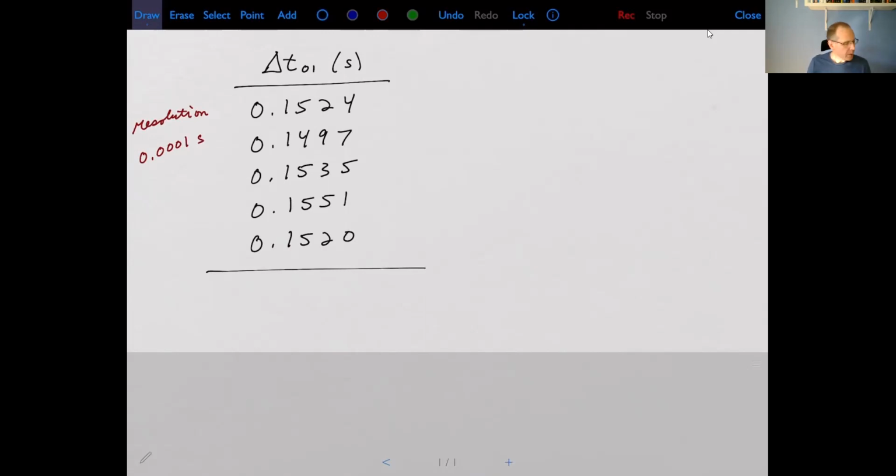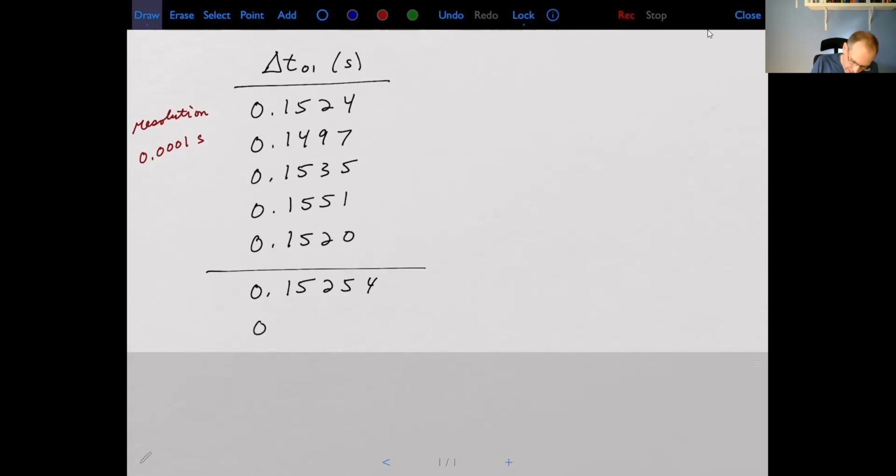Okay, so how do we compute percent experimental accuracy? Well, remember the first step is to average these 5 values, right? And if you average them, you're going to get 0.15254. But then, and this is very important, you have to round this average to the resolution of the instrument, which means round it to 4 decimal places.